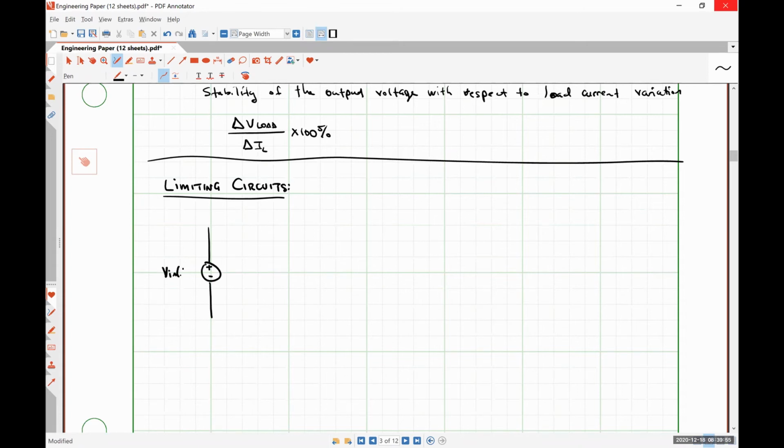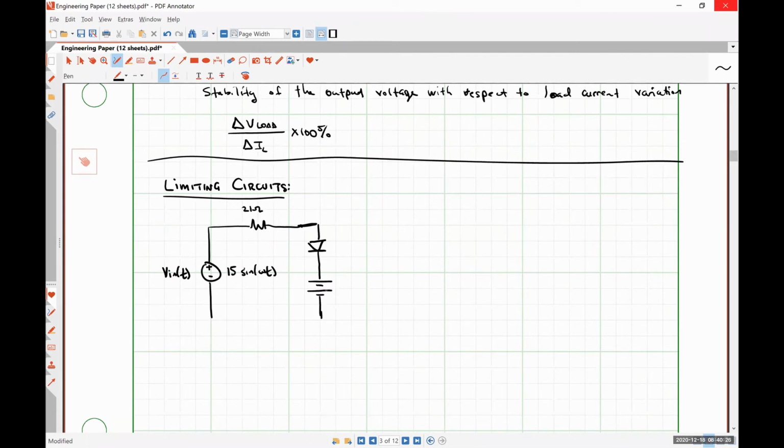Here we have Vin of t, and let's say that Vin of t is 15 sine omega t volts. Here is a 2 kilo ohm resistor, and then we have a diode and a battery.